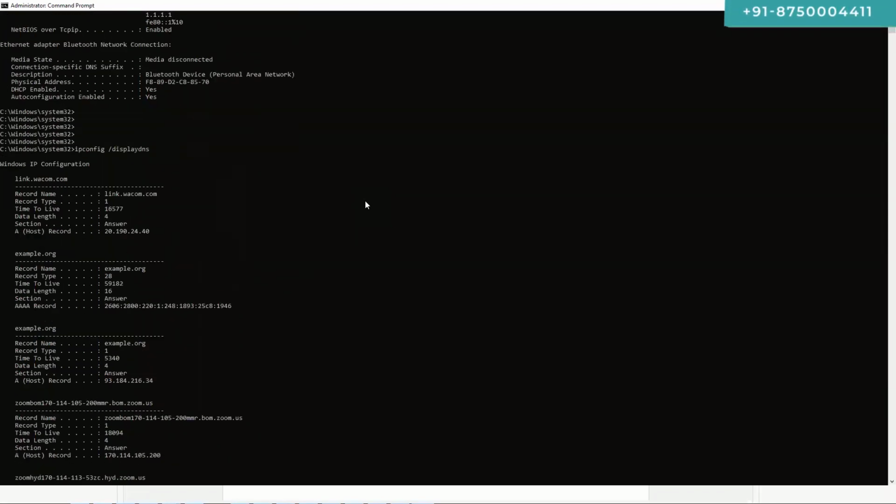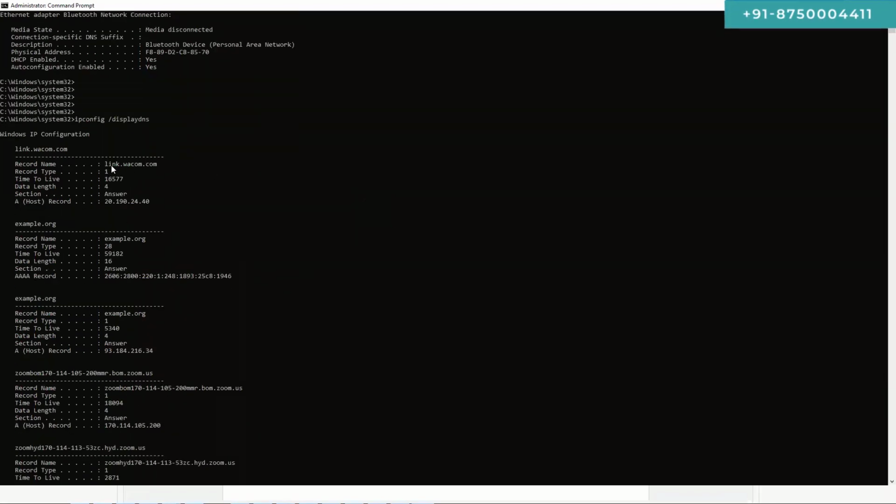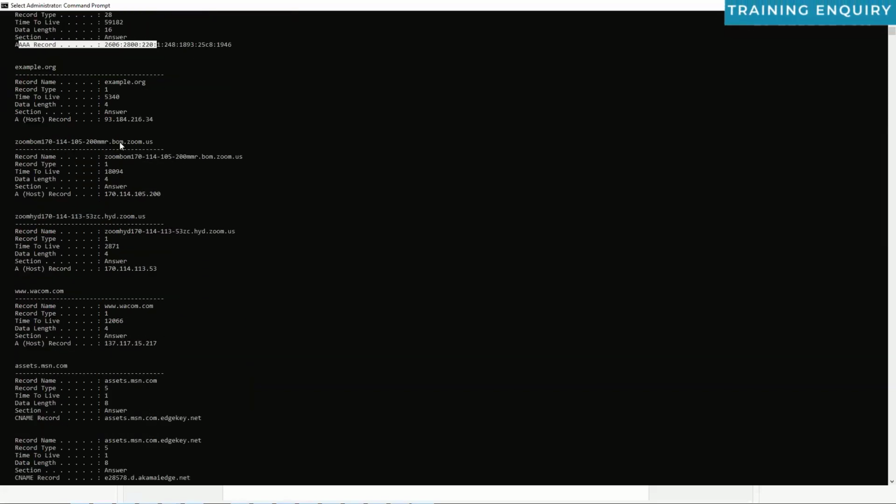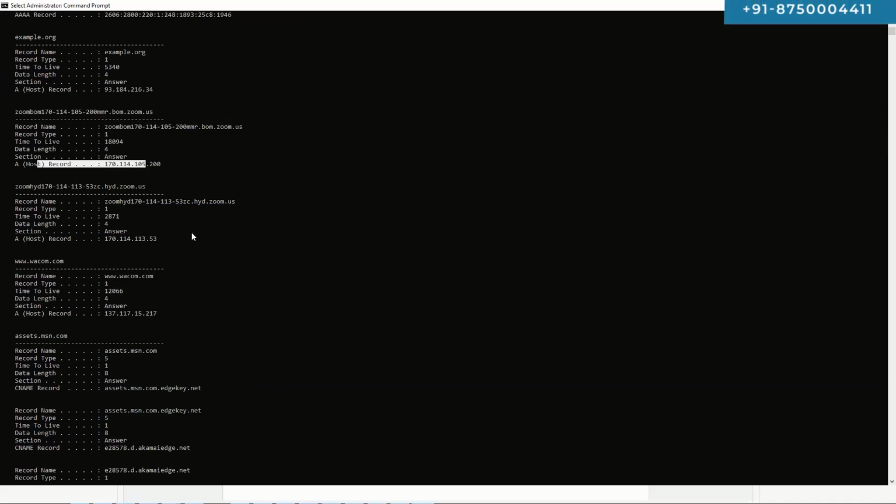Okay, all right. So I've got link.vacom.com, and that's the IP address that we have got. And this is an IPv6 address, for example, .org. I don't know who accessed that, and this is for Zoom. So this is the IP address that we got in the response, right?